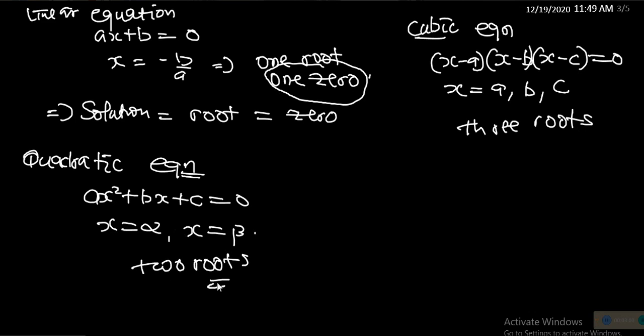So the roots or the zeros of a polynomial depend on the degree of the polynomial. The value of the degree is the number of zeros we are going to have.